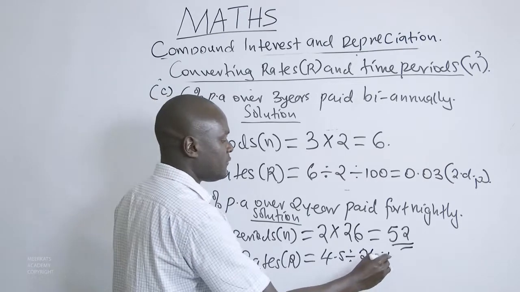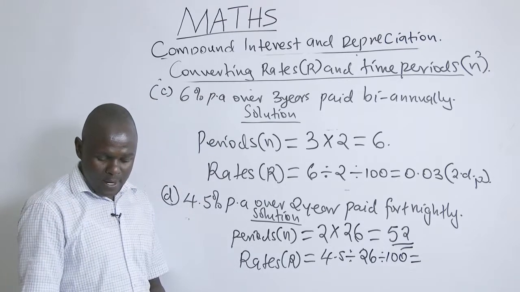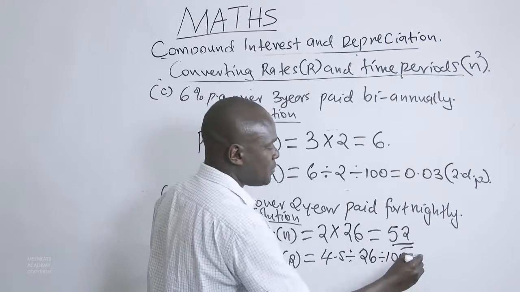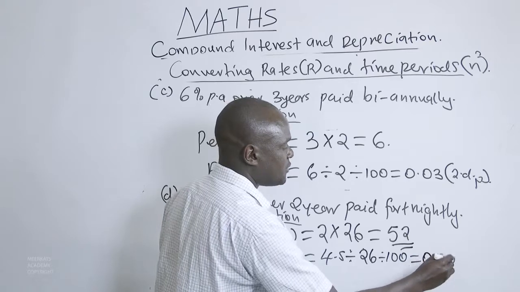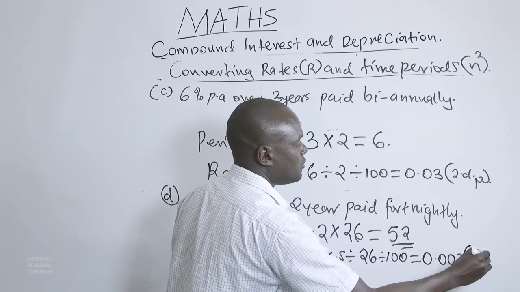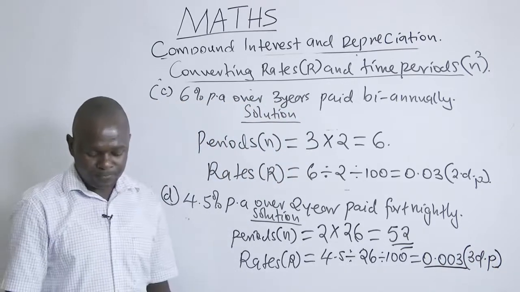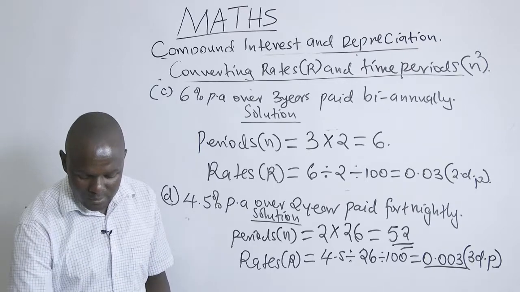And lastly, to convert that to a decimal, we divide by 100, and this will give us 0.003. This is rounded off to 3 decimal places. Those will be the rates.